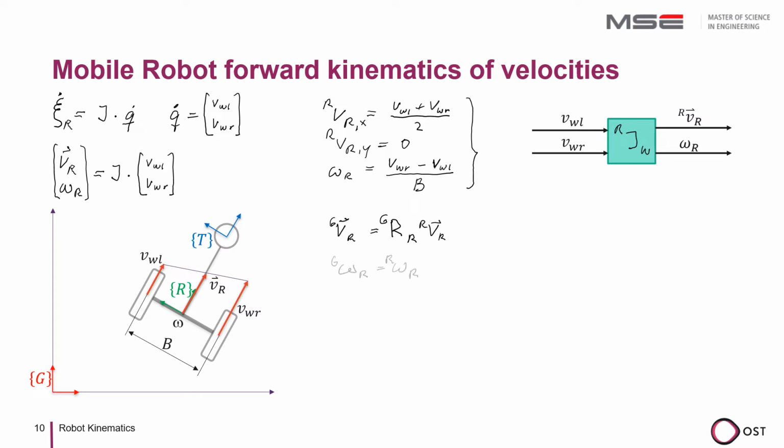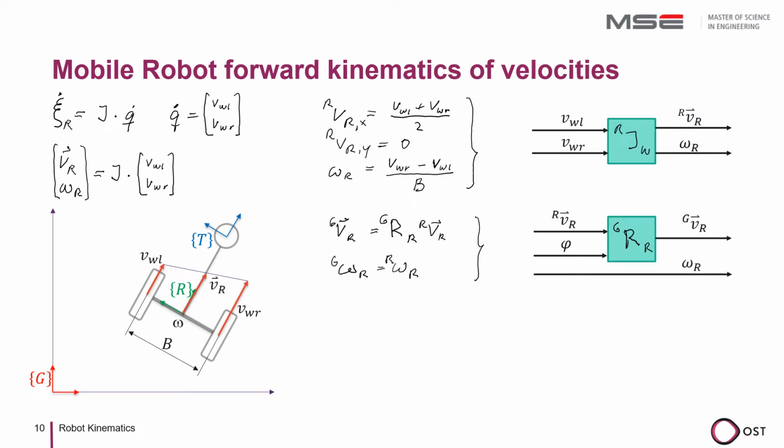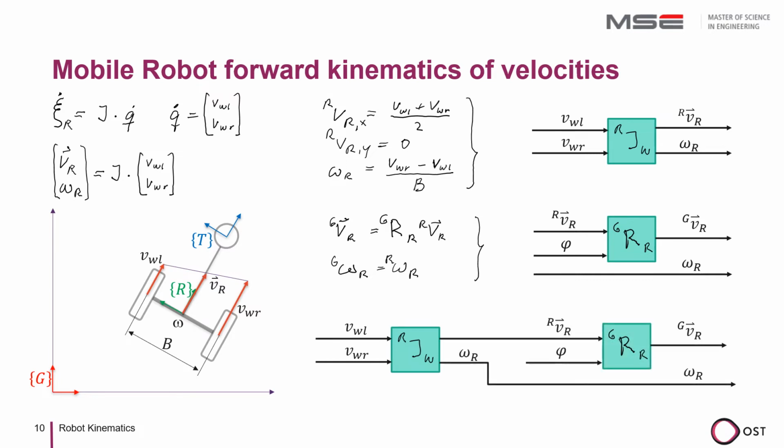We also know that omega does not change as a result of the transformation. We graph the rotation matrix, but since omega does not change, the value can simply be passed through. If we connect the Jacobian matrix with the rotation matrix, we get the forward kinematics of the velocities of the mobile robot.